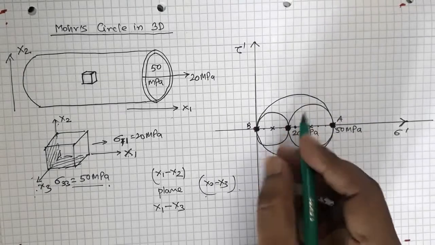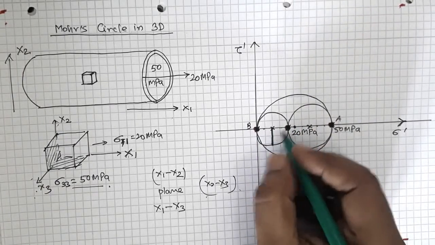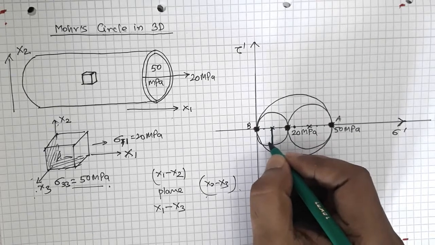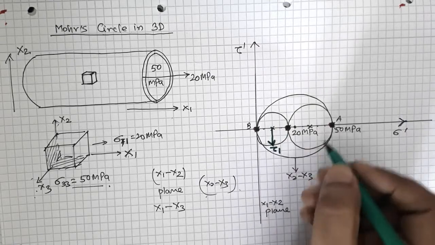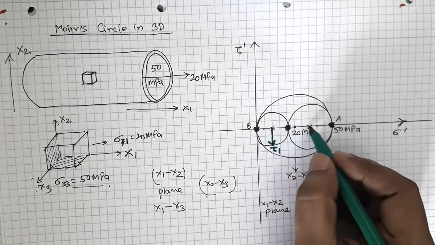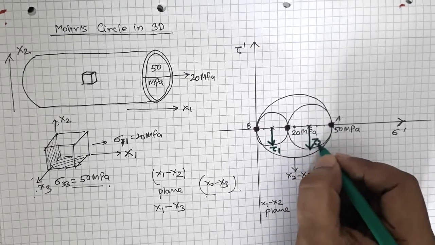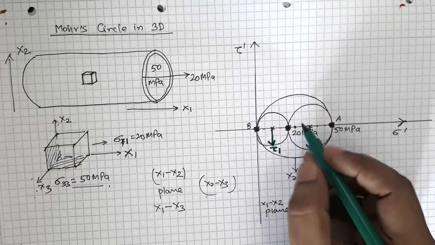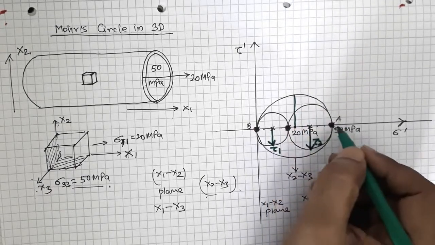And I have 3 shear stress values. One shear stress will lie between this and this, so that will be this. Let's call this tau 1. Then another shear stress will lie between this, and that will be the radius of this circle. Let's call that tau 2. And the third one will be the radius of this circle, which will lie between this and this.